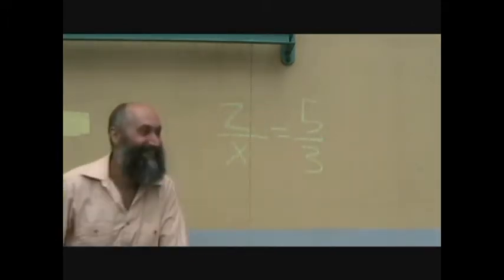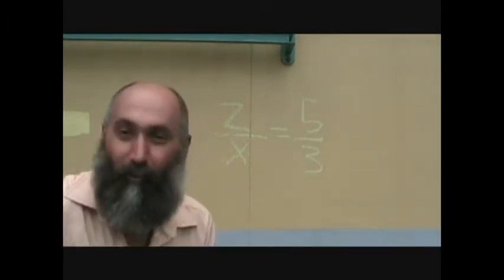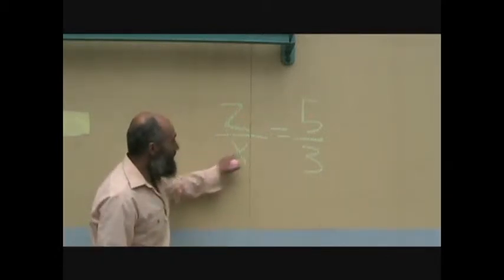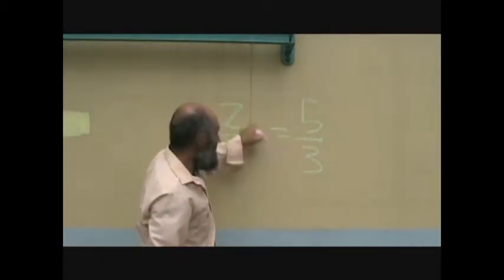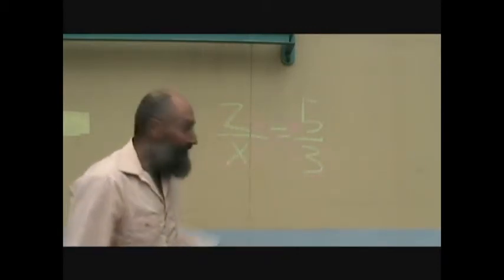So just an example for cross multiplication. Let's say you had 2 over x is equal to 5 over 3, right? So all you gotta do is grab this, multiply it up here, take this and multiply it up here. So x goes up here, the 3 goes up here, because this is multiplication.